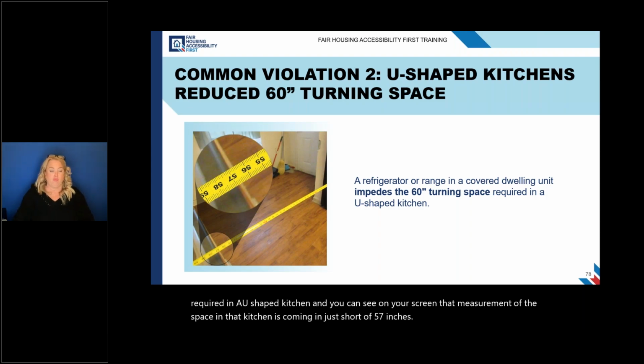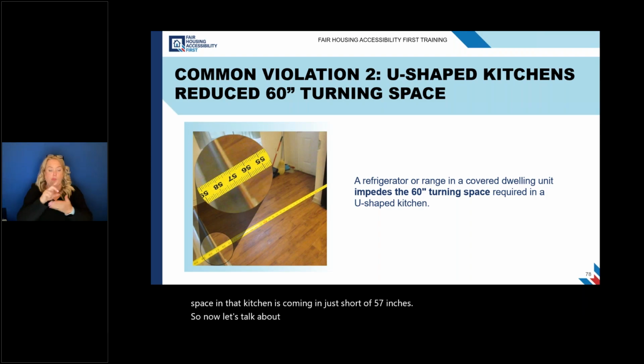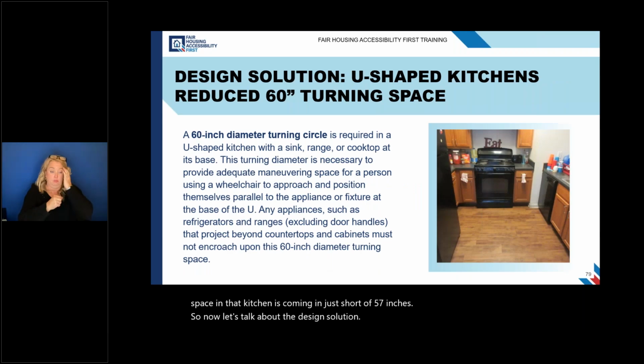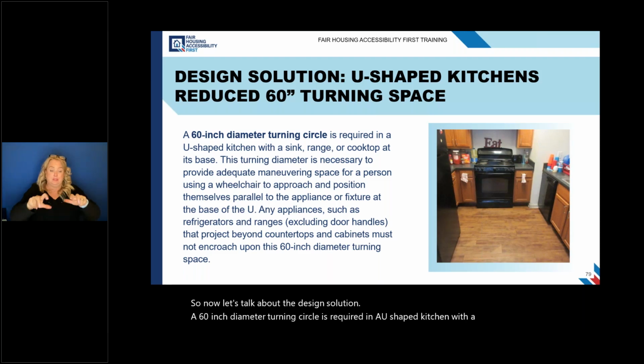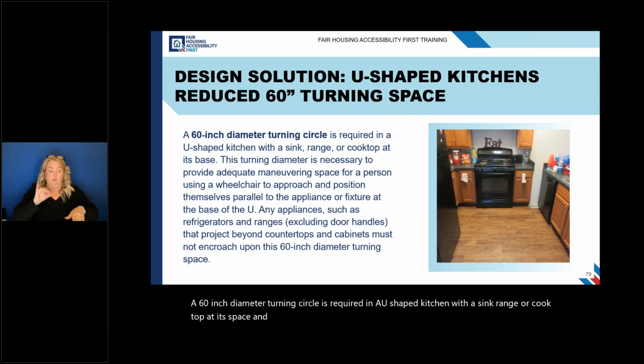So now let's talk about the design solution. A 60-inch diameter turning circle is required in a U-shaped kitchen with a sink, range, or cooktop at its base. And that does not include the door handles.